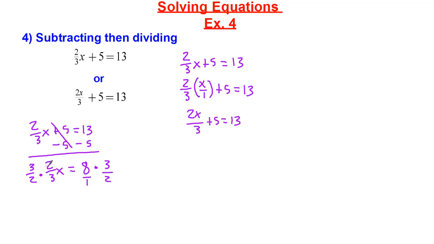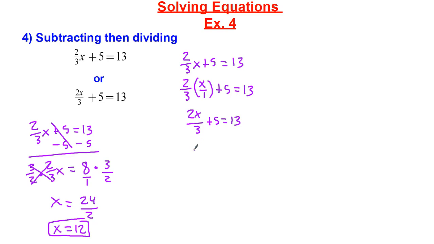Now of course this is going to be equal to 6 over 6, which is just 1. So I just have 1x. So I could cancel that out. 8 times 3 is going to be equal to 24. Alright, 24 divided by 2, x is going to be equal to 12 in this case here.